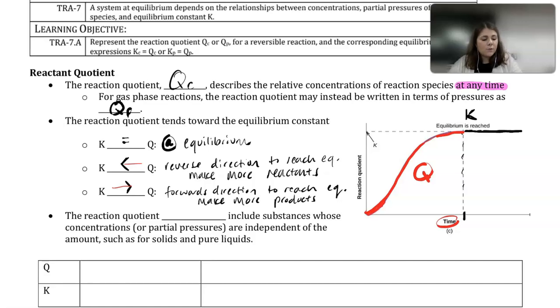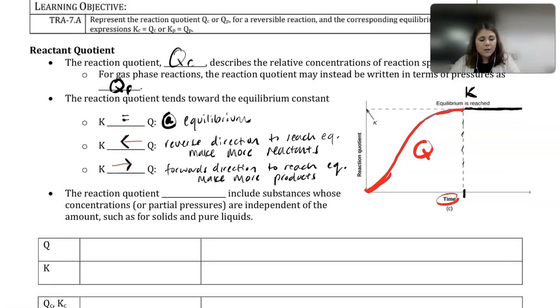But generally, Q represents a lot of the time the initial part of the reaction. But again, this is most of the time, not always. So the reaction quotient does not include substances whose concentrations or partial pressures are independent of the amount. So just like K, do not include solids and liquids.